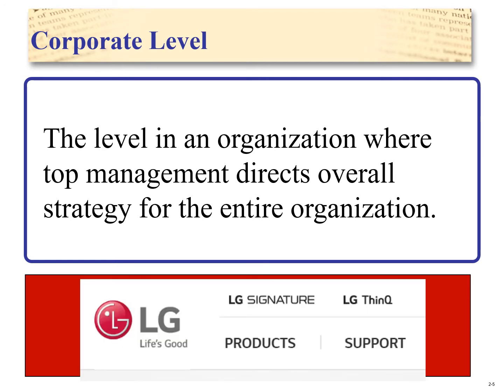For example, if we look at the company LG, the corporate level will be responsible for designing a strategy for LG as a whole. It's going to be LG as a whole, no matter what products LG offers. We're not talking about those individual products, but we are talking about the organization LG as a whole.